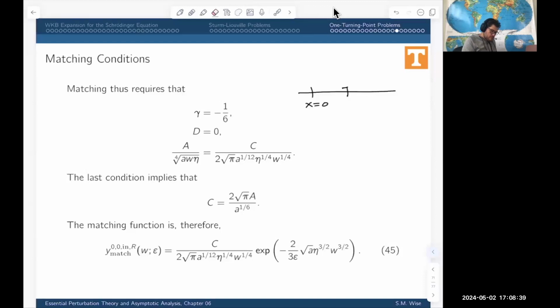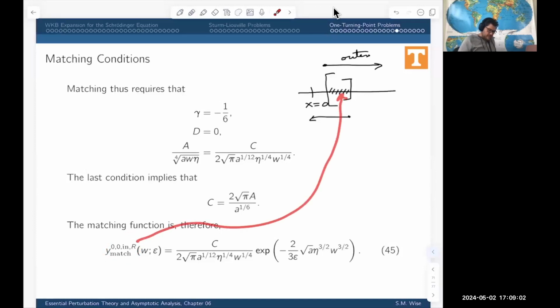It's the matching function on this matching region. So the outer solution is that way. The inner solution is this way. So right here is the matching region. This is where the 0, 0 matching function lives.